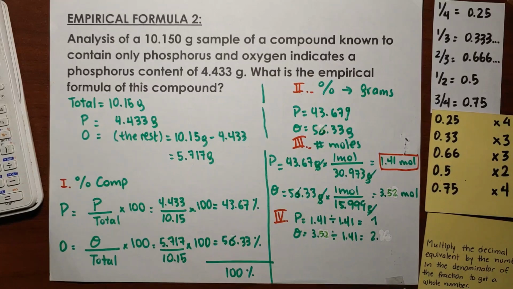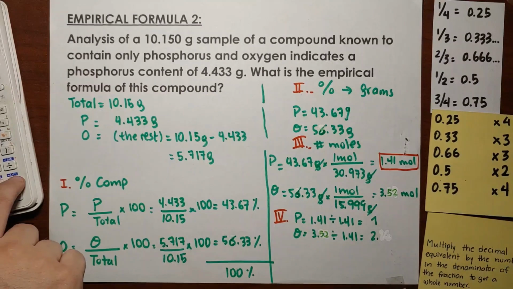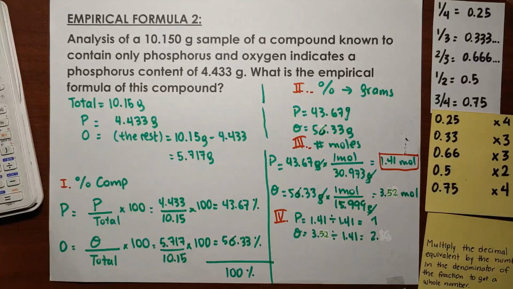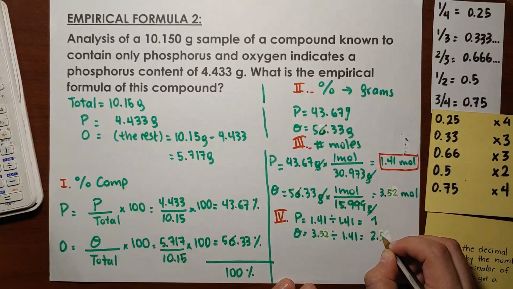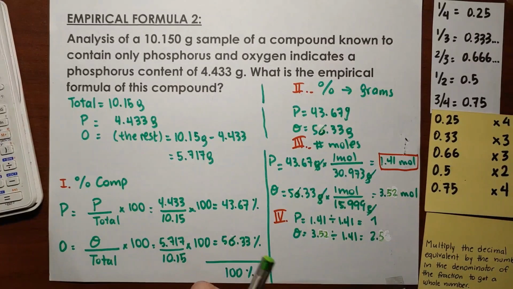And here, 3.52 divided by 1.41 gives me 2.5 moles.